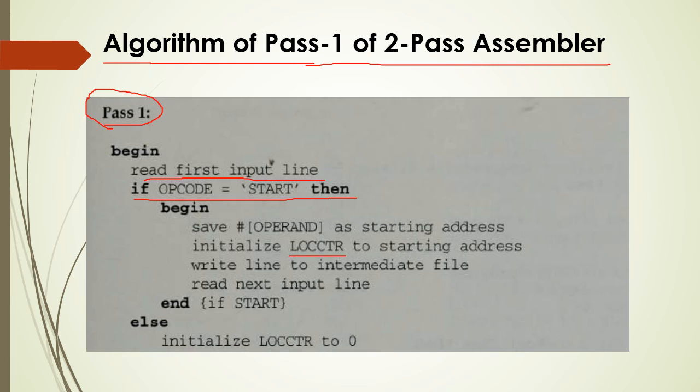In the first pass, we generate values for the location counter, which we have already seen in the previous session. The location counter will be assigned the value specified along with START. If the starting address is not specified, we assume that the starting address of the program is 0.